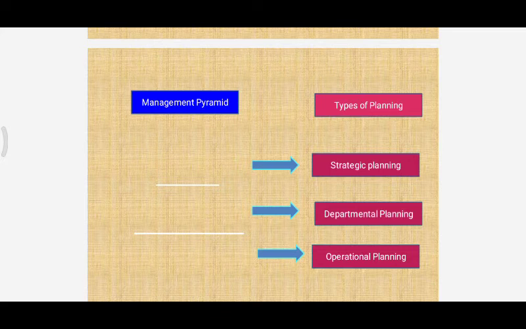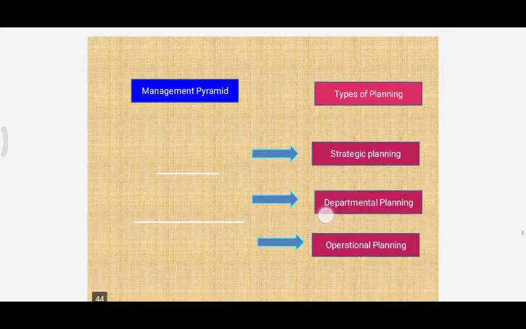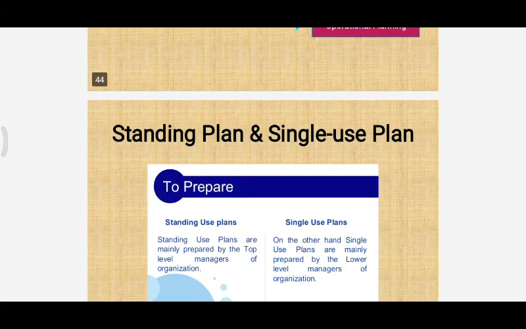The departmental planning is always done by the middle level managers. The operational planning is done by the supervisors, inspectors, foremen at lower level in order to carry on the activities of the organization.